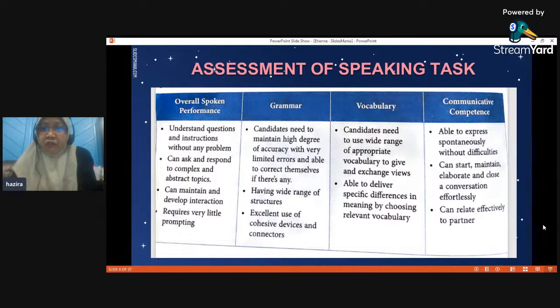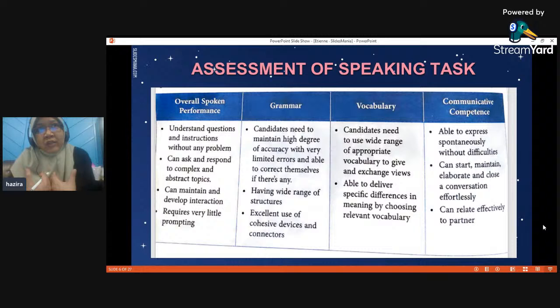All right, for the last skill, which is your communicative competence, in order for you to get full marks for this part, you should be able to express spontaneously without difficulties, meaning that you have to speak very fluently. You can start, maintain, elaborate and close a conversation effortlessly.